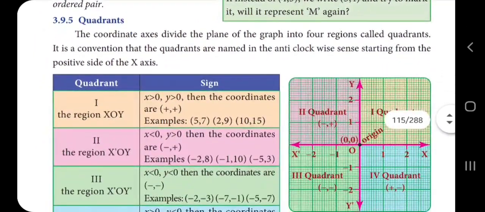Quadrant. This is very important. We have already learned about quadrants in measurements. The coordinate axes divide the plane of the graph into 4 regions called quadrants. Quadrant means 1 by 4. In a simple way we can say it as 1 by 4.